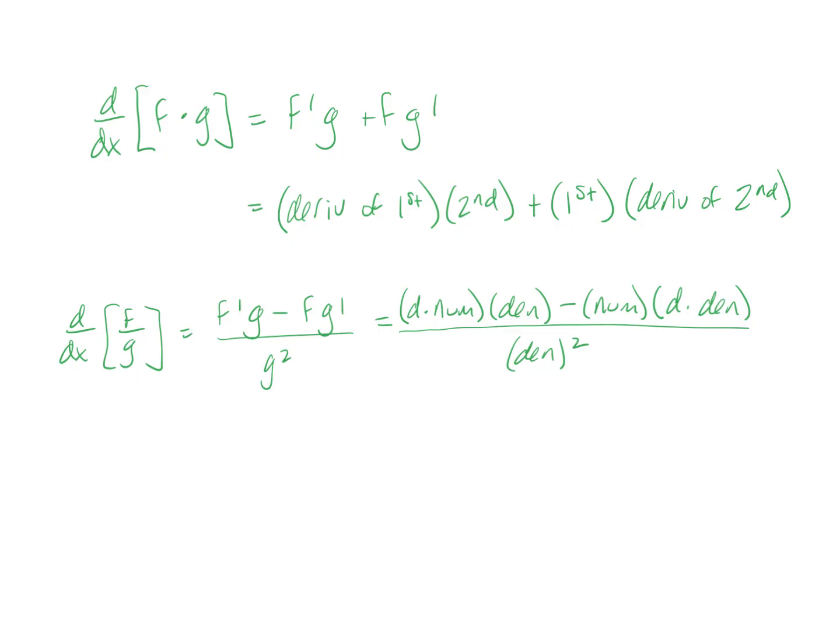There's a little mnemonic that people use for the quotient rule, which is low d high. They're using low to stand for denominator and high to stand for numerator. Low d high minus high d low over the square of what's below.